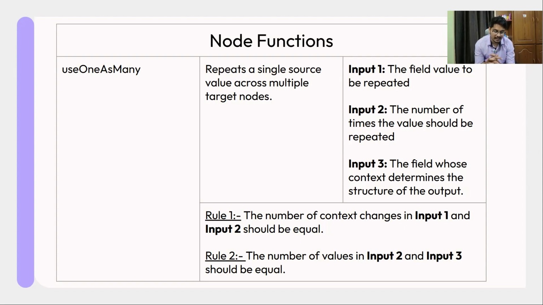The first rule is the number of context changes in input 1 and input 2 should be equal. That is the first rule. The second rule, the number of values in input 2 and input 3 should be equal. The total number of values, regardless of the context changes. So this is about use one as many. Once you practice and once you understand, this would be a very, very easy thing for you and you can answer the interview questions confidently, right?